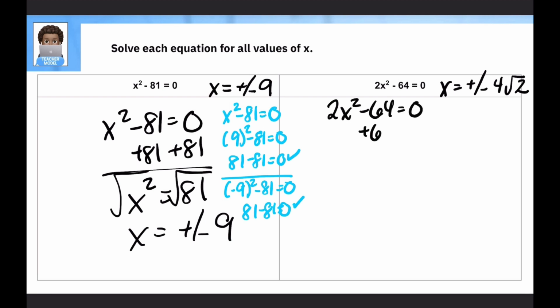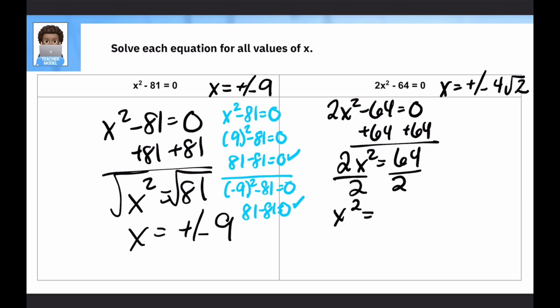We still know the first few steps pretty well. We're going to divide by 2, and this is where it may have looked a little tricky because we've gotten used to seeing x squared is equal to some perfect square. But now we know this will not always be the case, but we do know how to solve these problems.